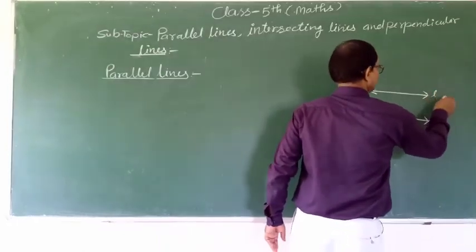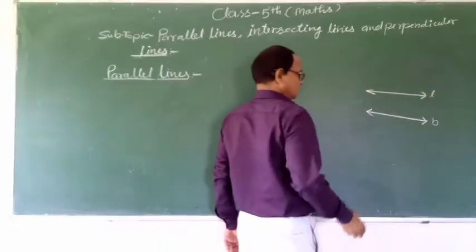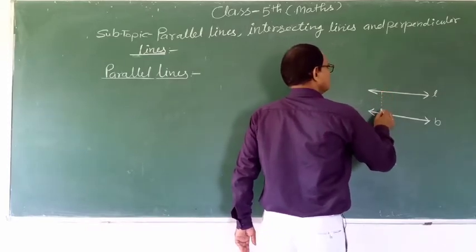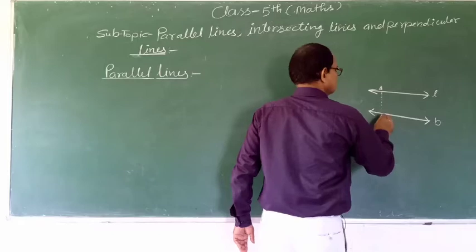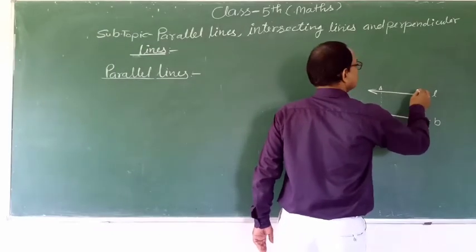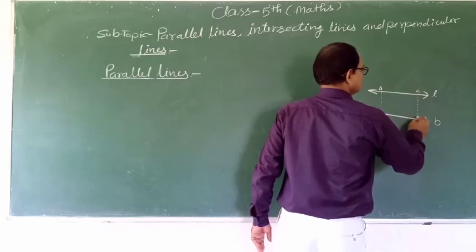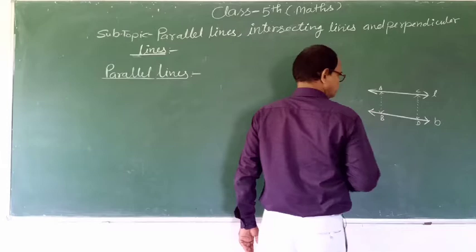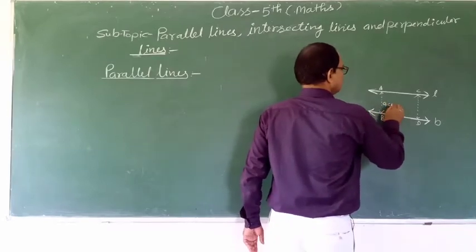Here L and M are two lines, and the distance between them is AB, and here CD, 4 centimeter.